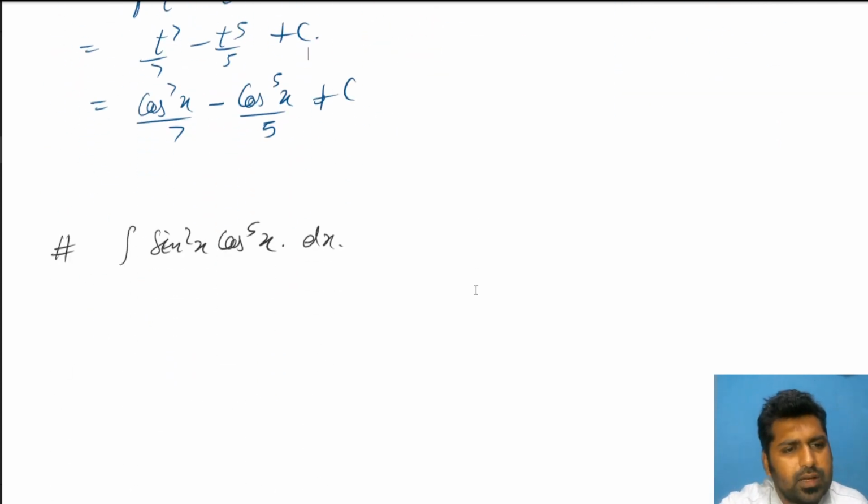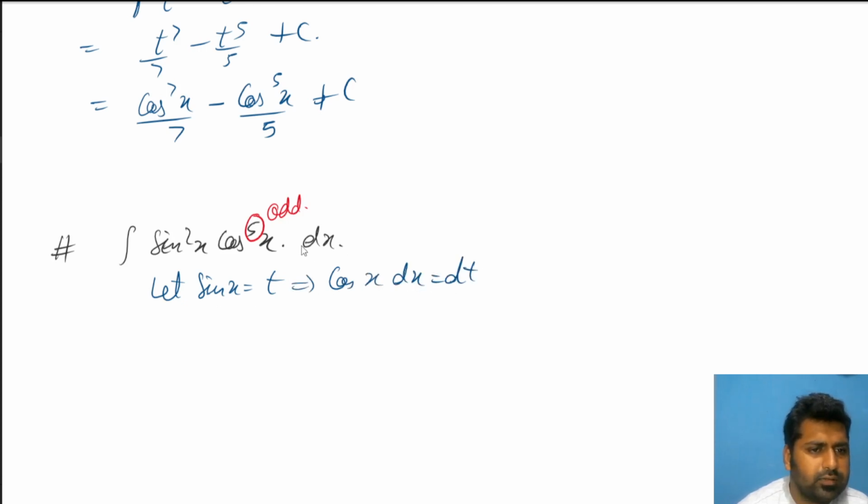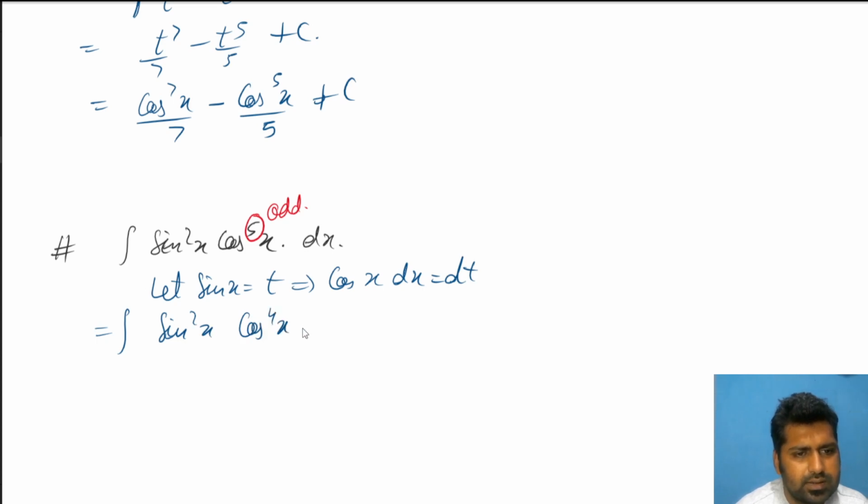Let's see. This time, which one has the odd power? Cos. If cos has the odd power, let sin x as t, then cos x dx is dt. We need cos separately. So let's generate cos sin square x. This is cos raised to power 4x into cos x dx.